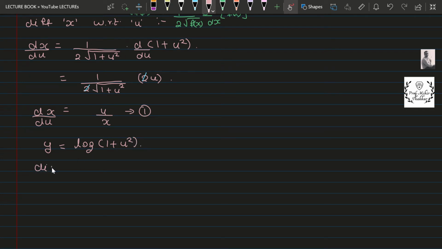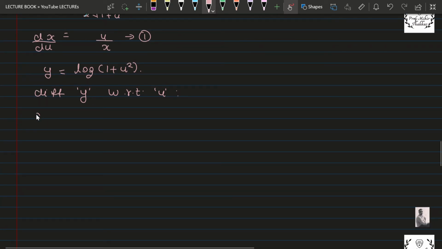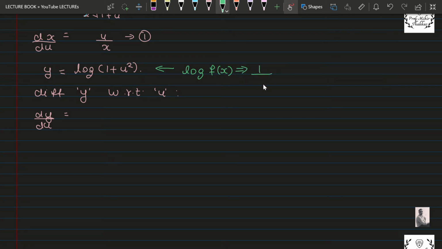And now I will say, differentiating y with respect to u. So what do we get? dy by du, and that is equal to log of 1 plus u square. It is in the form of log of f(x), and the derivative of this is 1 upon f(x) multiplied by derivative of f(x).